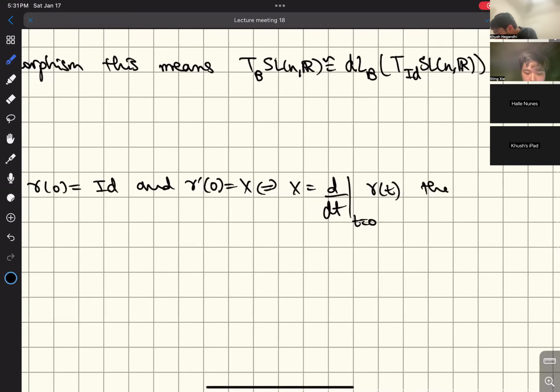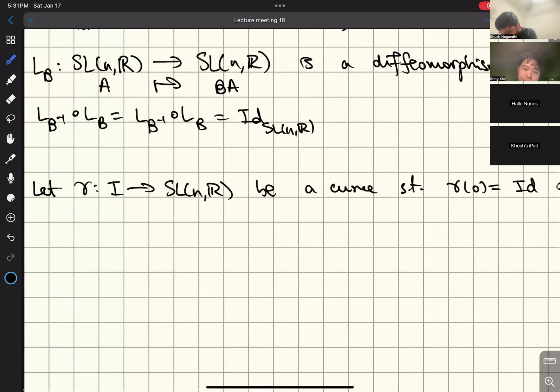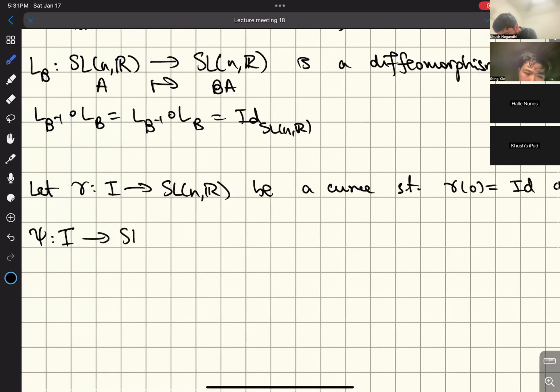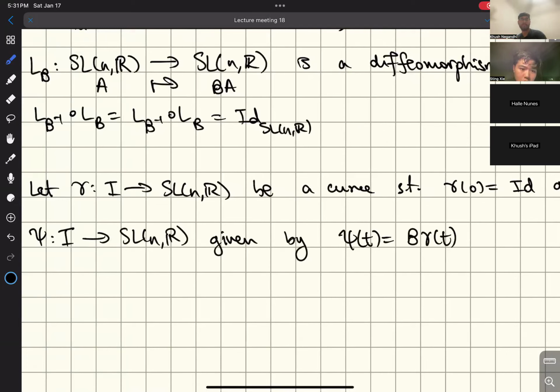Then consider psi from I into SLNR given by psi of t equals B times gamma of t.